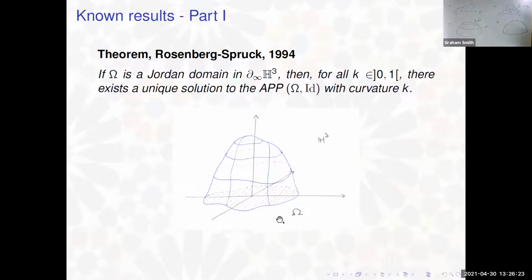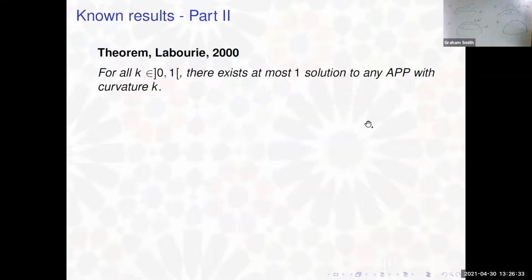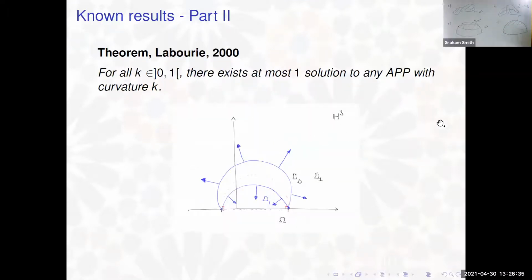So what you discover is that there's one solution for each Jordan domain. With this solution that I've drawn here, the normal points inwards towards the Jordan domain that I've chosen. There is another solution whose normal points outwards into the other Jordan domain. So we see that this formulation of the problem that François made really allows you to select a single solution. So it's well posed.